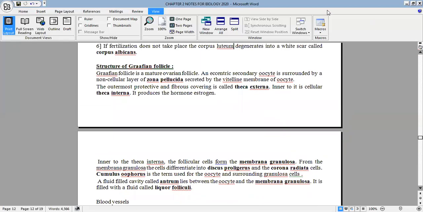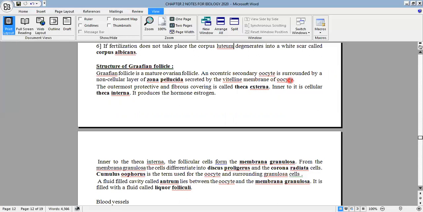So let us see the structure of Graafian follicle in detail. Graafian follicle is a mature ovarian follicle. An eccentric secondary oocyte is surrounded by, eccentric means it's not present in the center, it goes towards the periphery, a non-cellular layer of zona pellucida, secreted by the vitelline membrane of the oocyte.